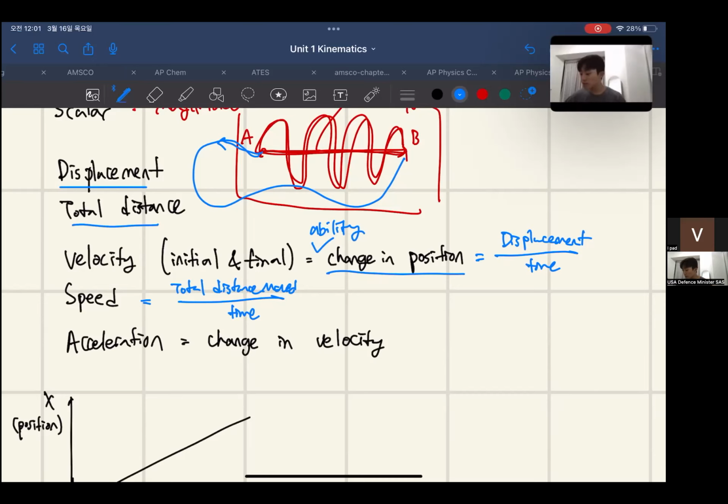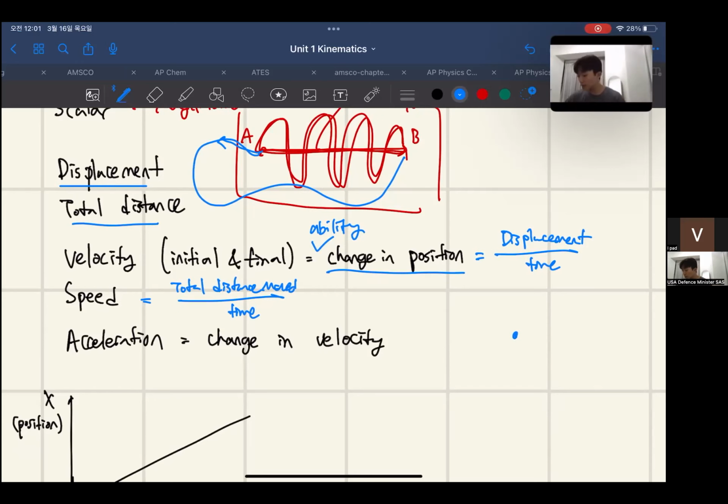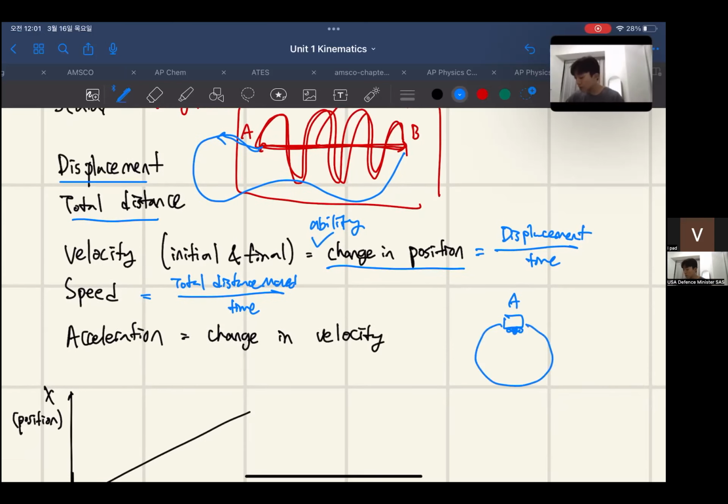So let's think about this example. There's a train A, and this train continues rotating on this circuit, on this path. Now, this train might be very fast. If this train is very fast, it means that the speed of this train is extremely high. Why?